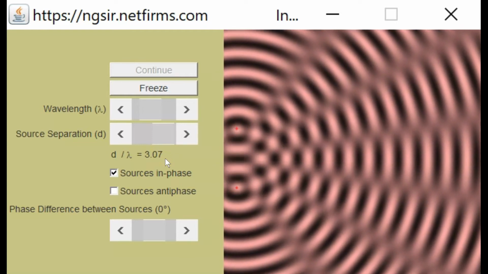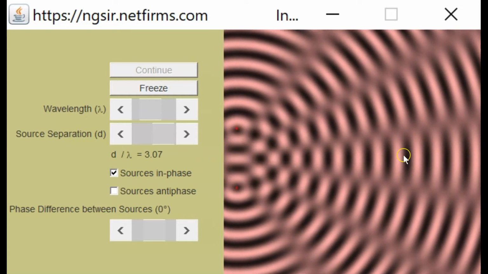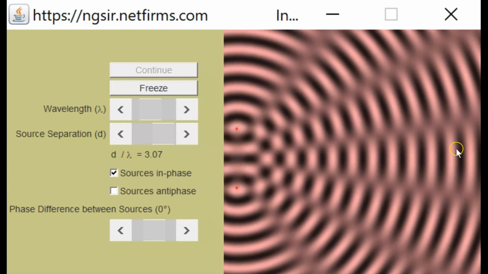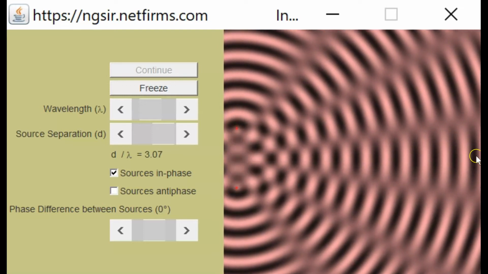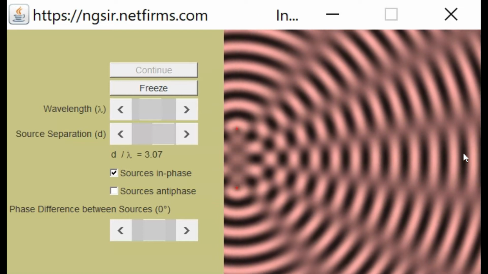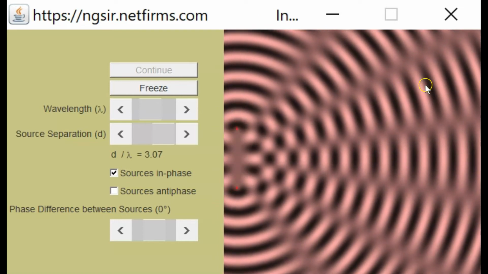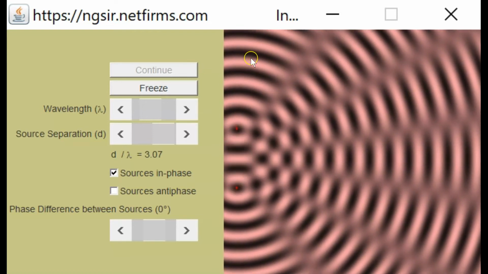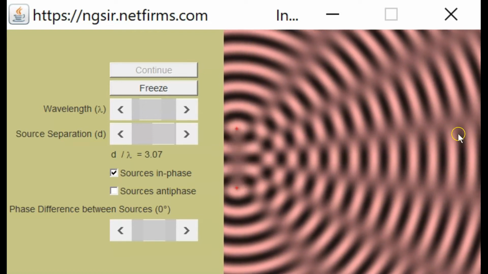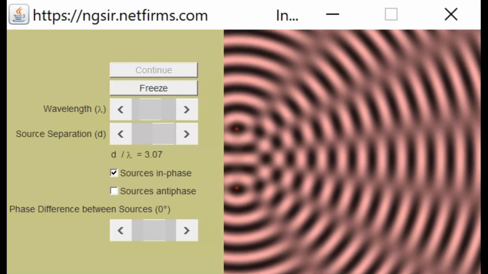We said that we had 7 bright fringes. So here I go. If I go smack through the middle here, what you're seeing is that this one is m_c equal to 0. Then m_c equals 3 gives me 1, 2, 3. So that gives me 3 on this side, 3 on this side, plus 1.